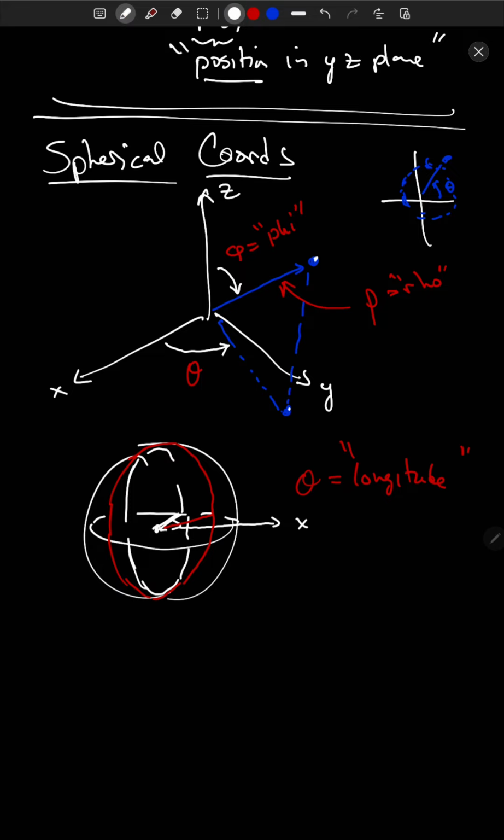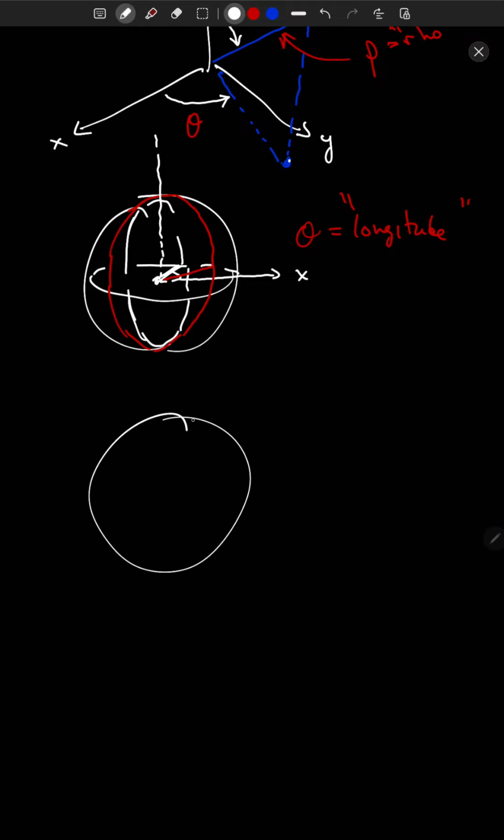Well, phi describes your angle from the vertical. So constant phi would be something, I'm going to do this in a new picture. Constant phi would be, for example, a constant angle here. If I think about all the points on a sphere with this particular constant angle, it's going to cut a circle like that, right?